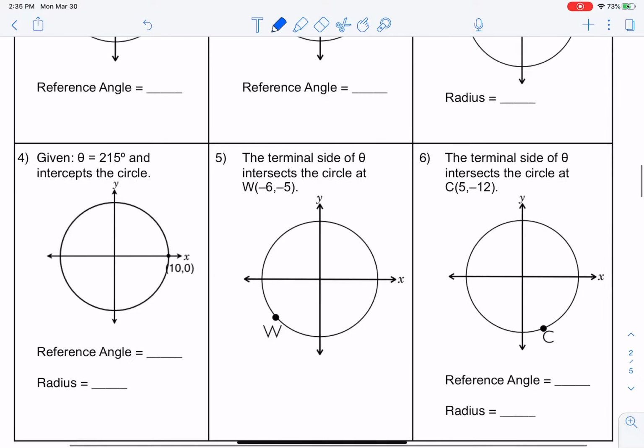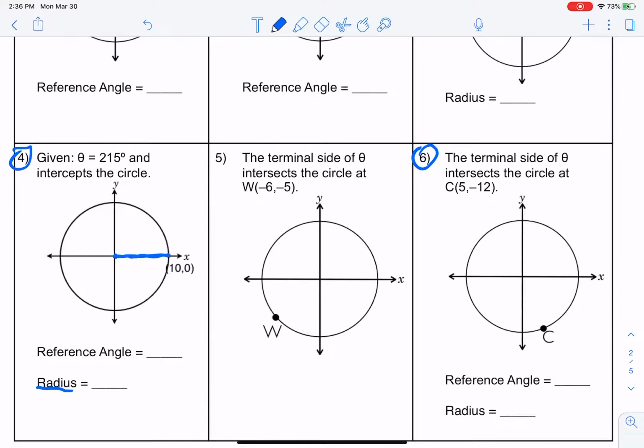In a few questions, though, question 4 and 6 in particular, you're asked to find the radius. So it's important to note for question 4 that the radius extends from the center of the circle all the way to the edge.